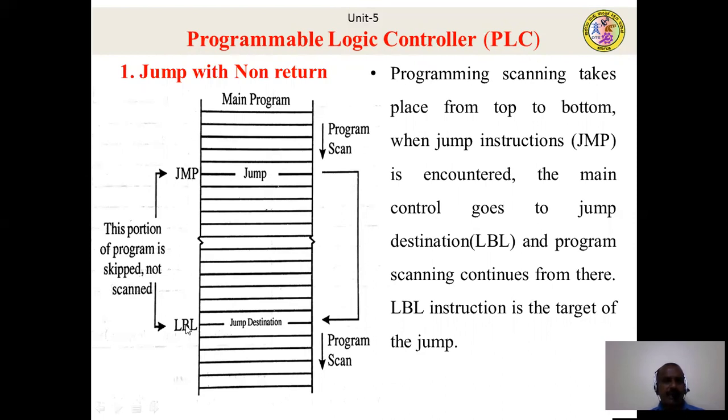Program scanning takes place from top to bottom, and when a jump instruction, that is JMP, is encountered, the main control goes to the jump destination LBL, and program scanning continues from there. The LBL instruction is the target of the jump.